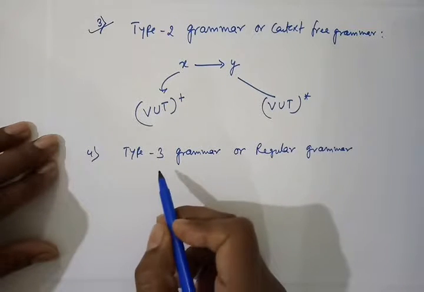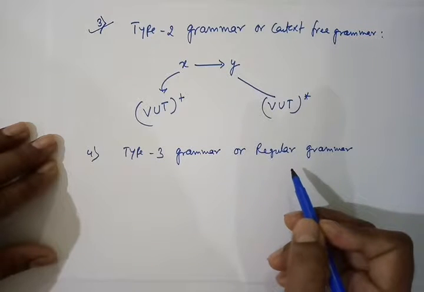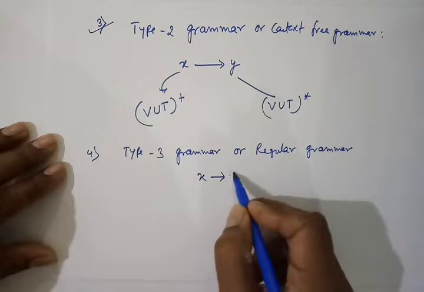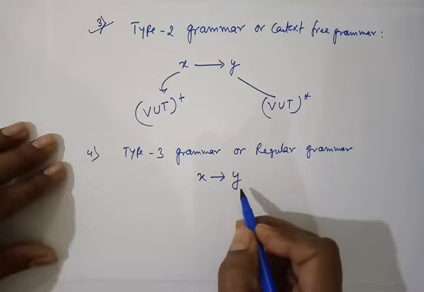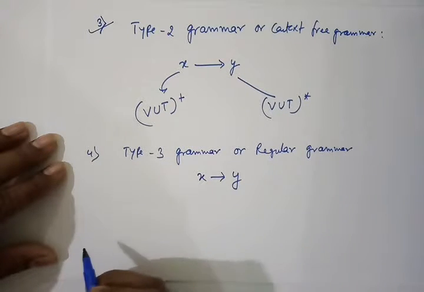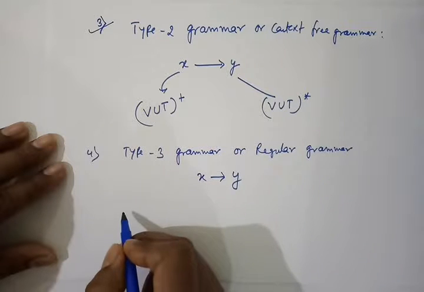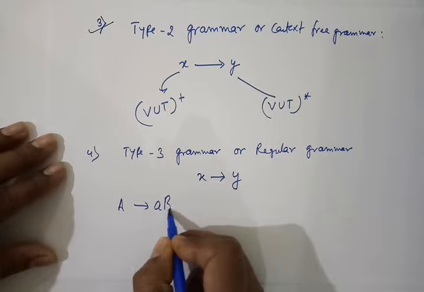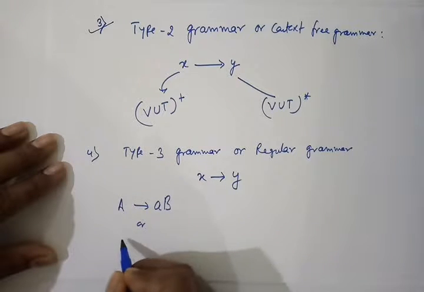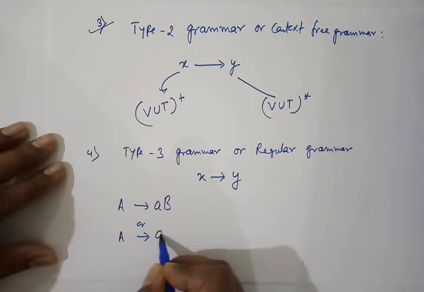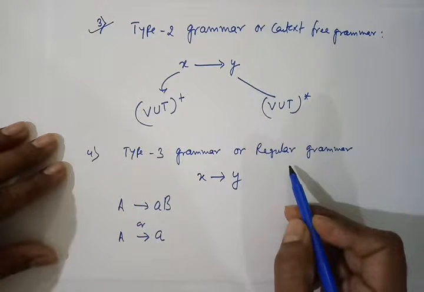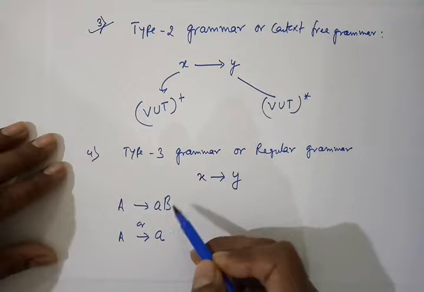Now next is type 3 grammar, or regular grammar. In type 3 grammar, all the production rules are of the form x derives y. For example, A can derive small a B, or A can derive a.